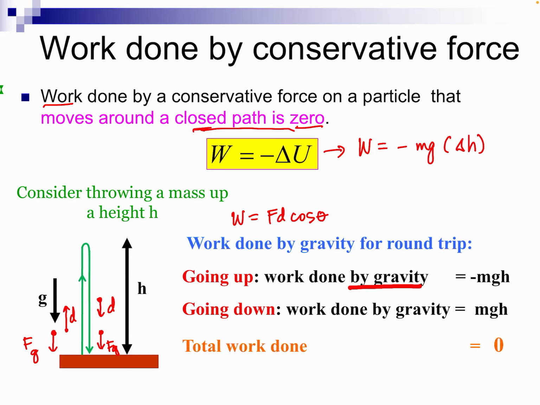If we look at the total work done, we're just adding the individual works. This will be 0. So if you have an object that goes through a closed path, meaning it goes back to its original reference position, then the work done by a conservative force should be 0.